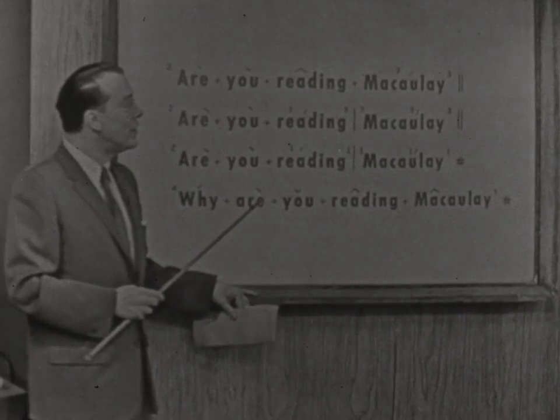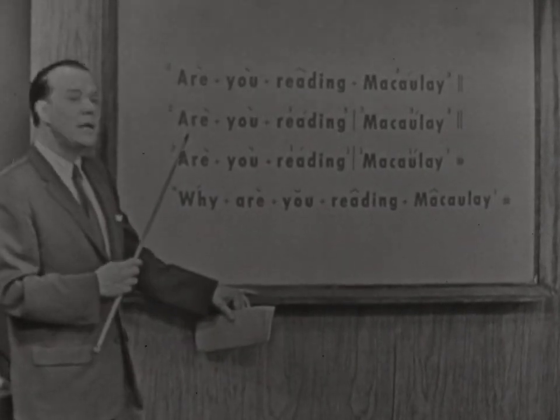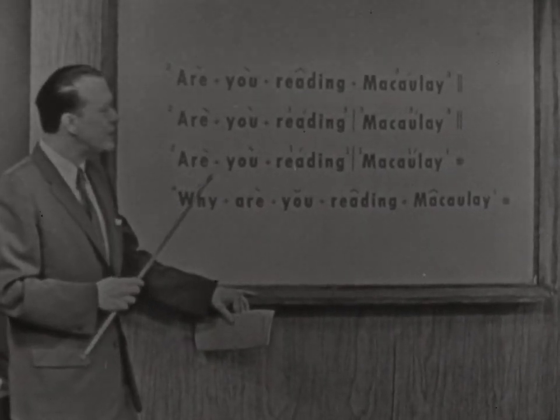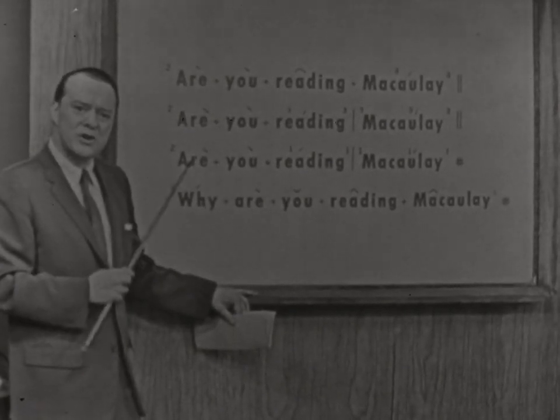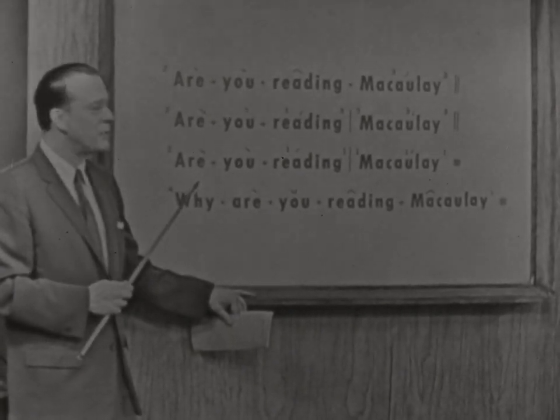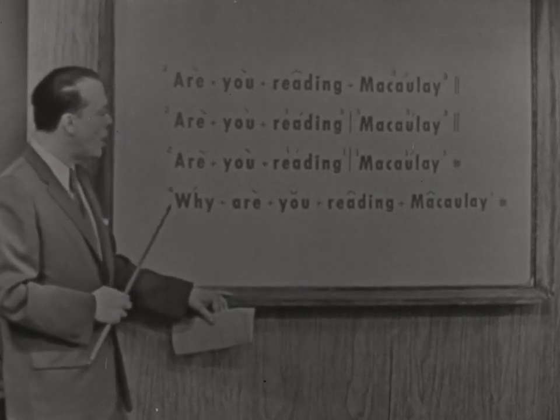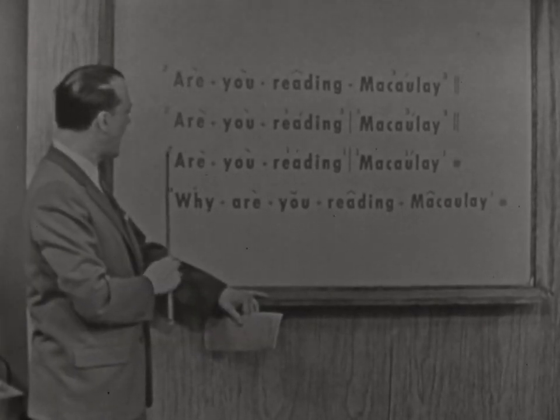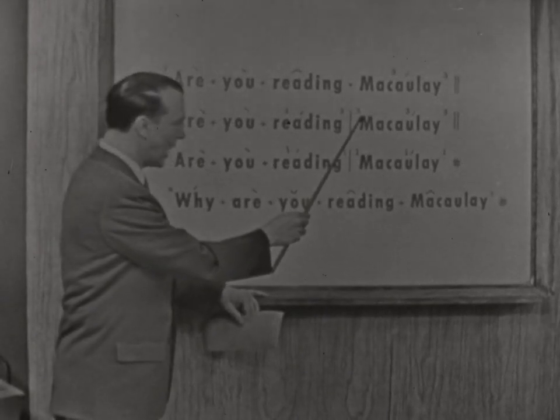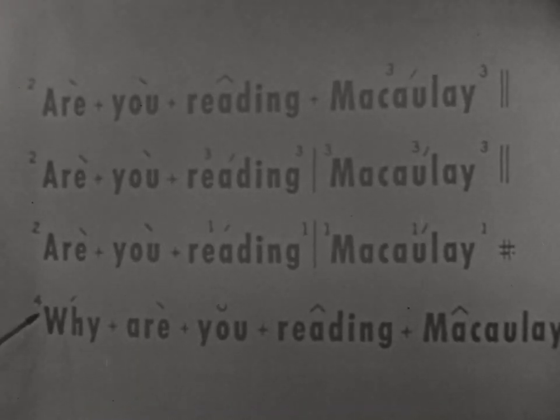You remember that we had, in earlier programs, a treatment of intonation. We found that we had 4 pitches in this language, 4 degrees of relative pitch that we kept apart. And we numbered them 1, 2, 3, 4. 1 being the lowest, 2 being the next highest, 3 being higher than that, and the highest one of all 4. In other words, from 1 to 4. Now notice, in this particular sentence here, are you reading Macaulay?